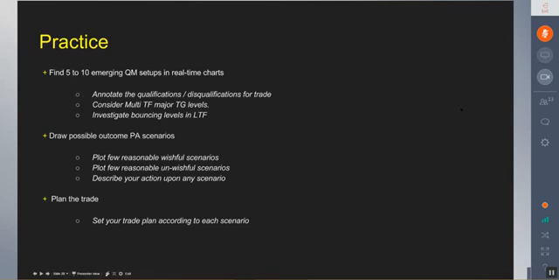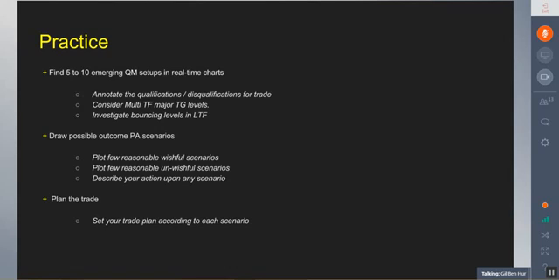Yeah. Right. Okay. So the next part of the drill is, once you find your formation and you've qualified it, then draw your possible outcomes, and do it by imagining the possible price action scenarios, how things will happen.